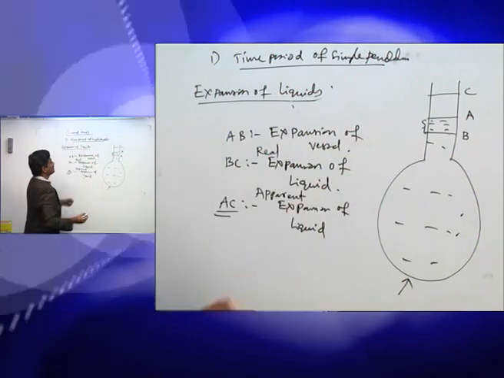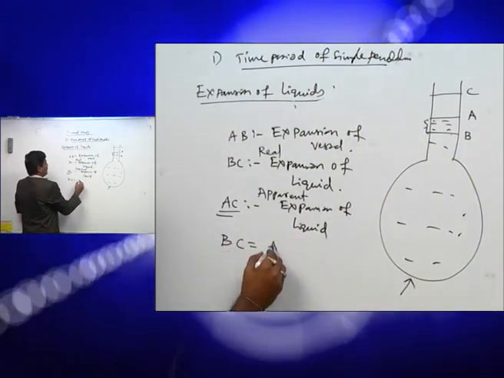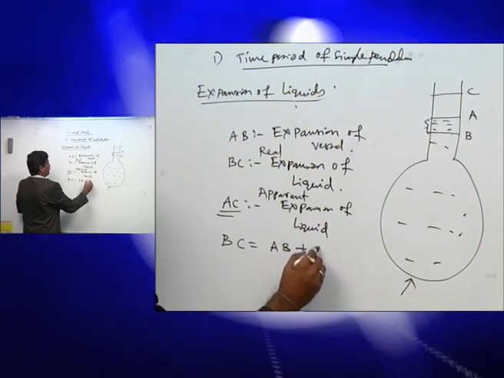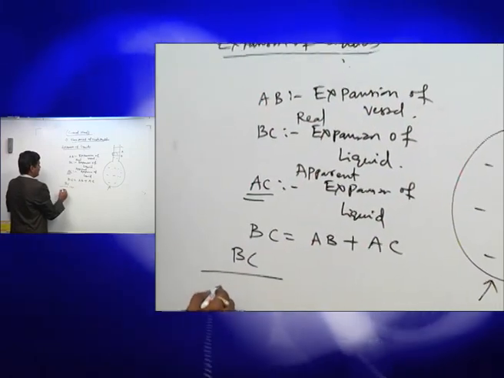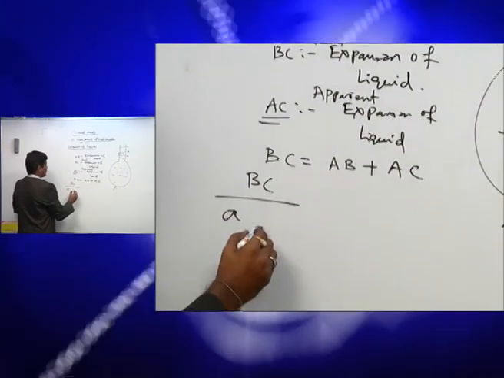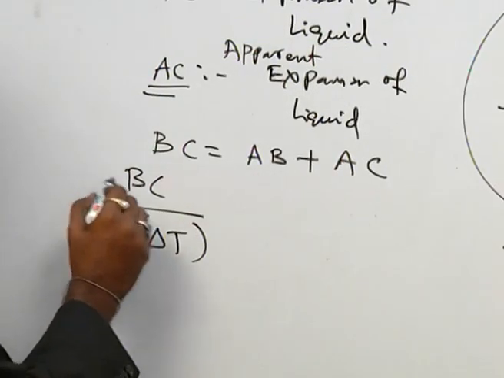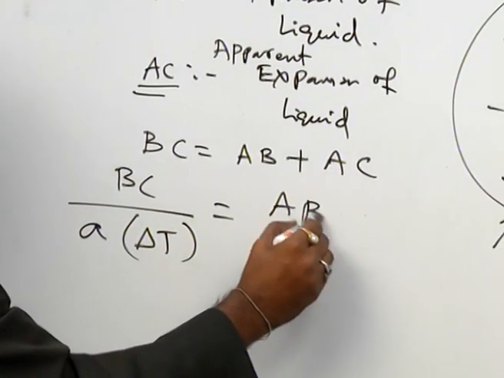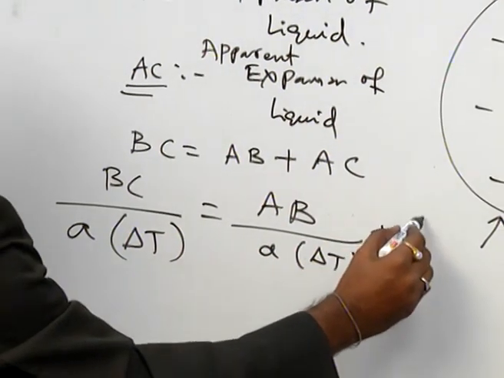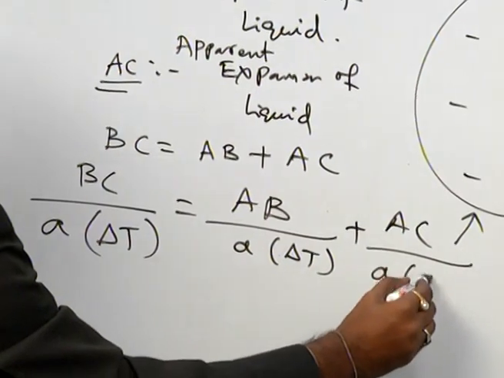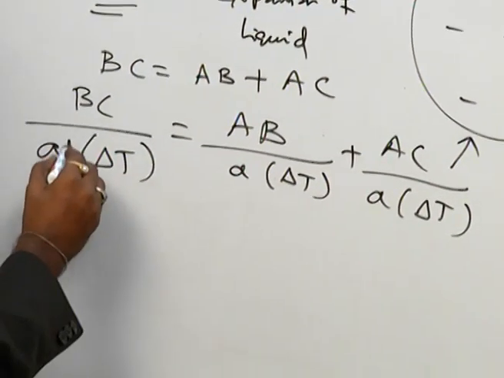If this is a straight line, then BC is equal to AB plus AC. If I take BC by A into delta T, where A is the area of cross section, this is AB by A into delta T, and this is AC by A into delta T. The area of cross section is A and the length is L here.